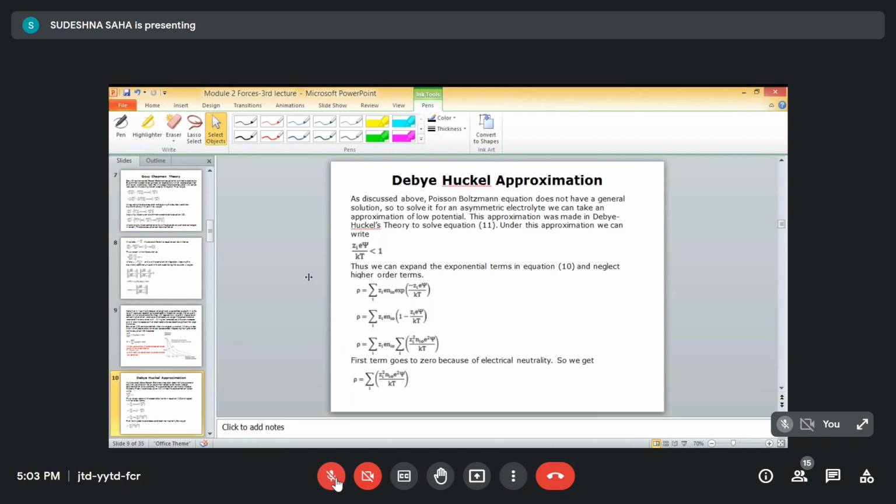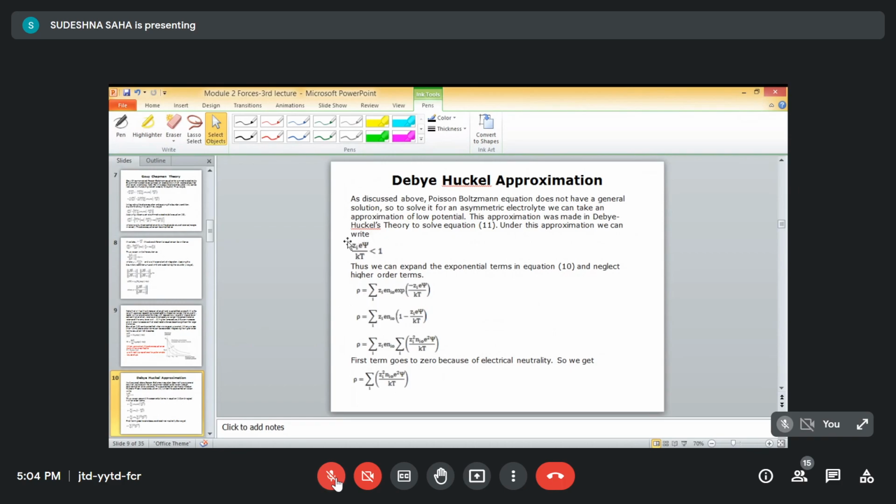But what happens with the asymmetric electrolyte is given by the Debye-Huckel approximation, and they have solved the Poisson-Boltzmann equation using asymmetric electrolyte and for low potential. Okay.